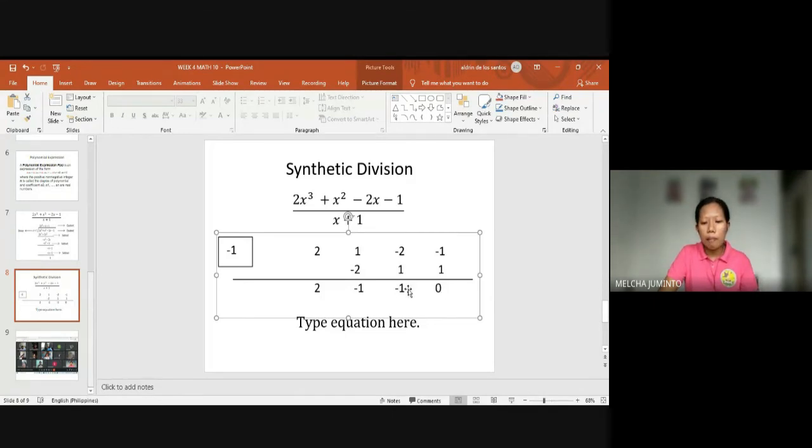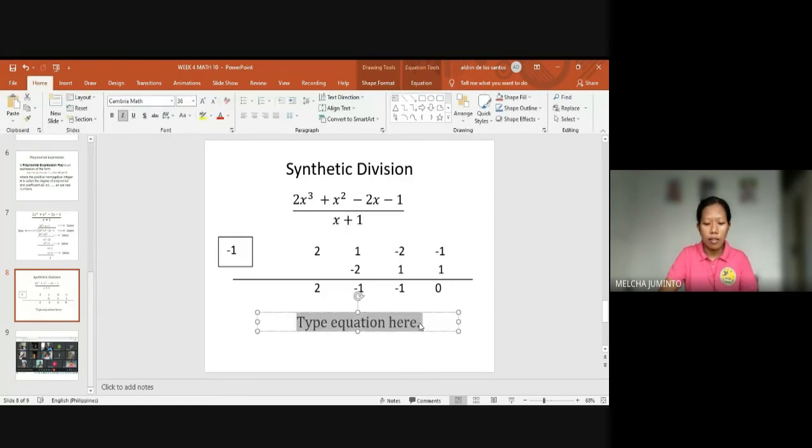Then the next number, in this case negative 1, is the constant negative 1. And then the number next to that, negative 1, is the numerical coefficient of the term containing x. So, negative 1x. We don't write negative 1x, we just write negative x. So, we omit negative 1 because we need to place x.